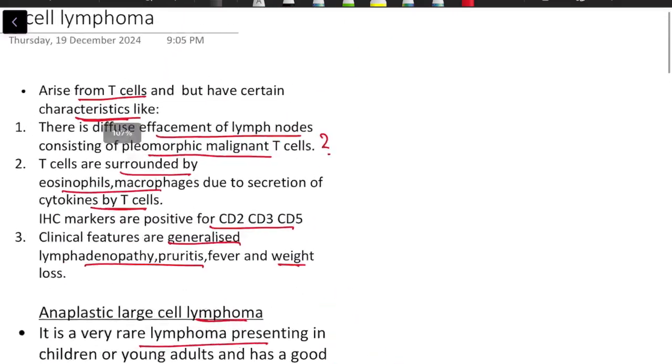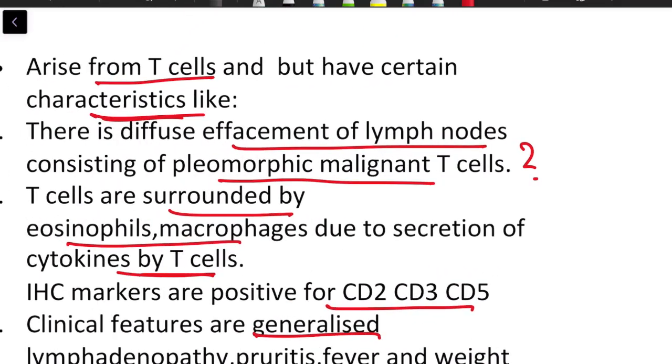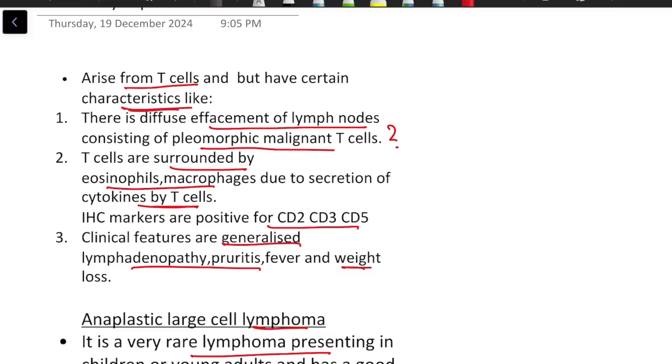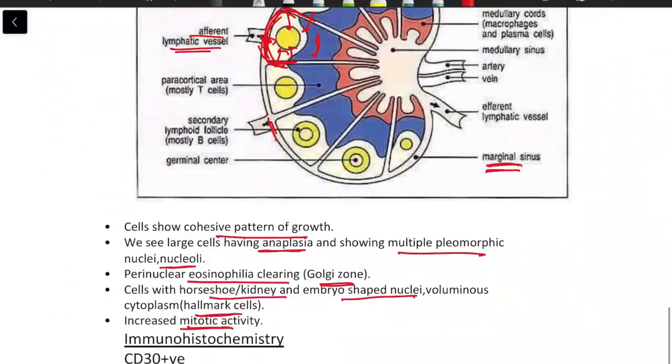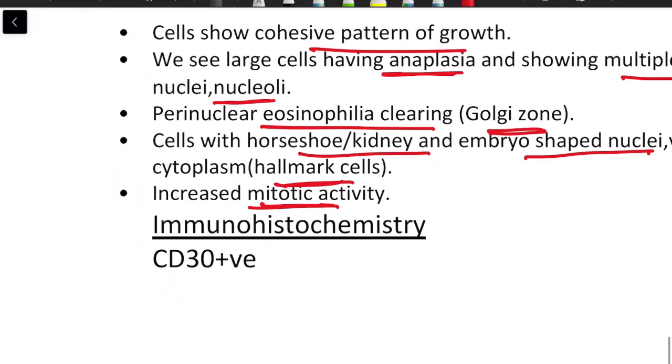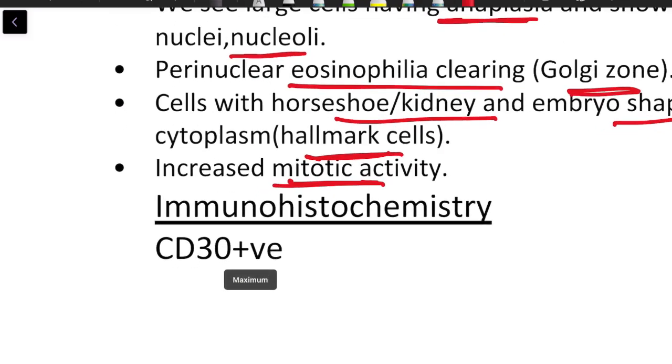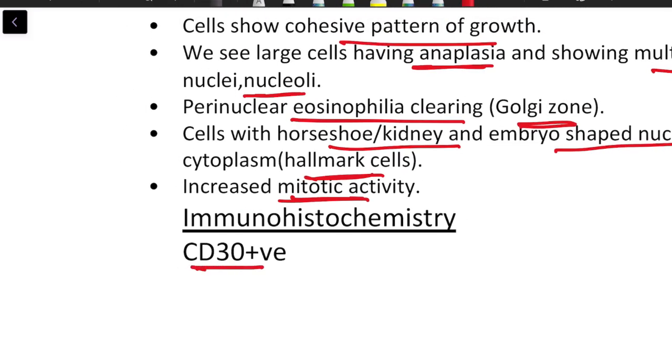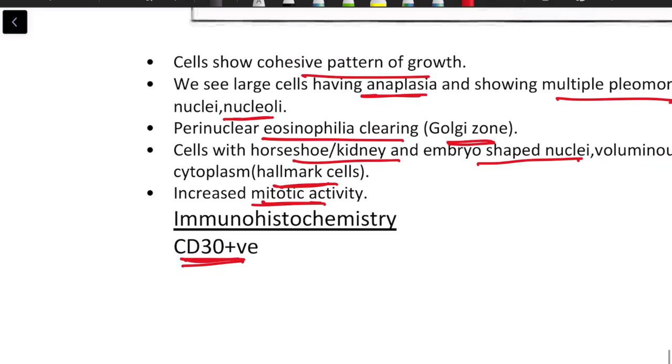That is the explanation of the line: why there is diffuse effacement of the lymph nodes consisting of pleomorphic malignant T cells. And if I talk about the immunohistochemistry markers, then obviously CD3 and CD5 are positive, but a characteristic immunohistochemistry marker is CD30, which is positive in this case, and which is a sure shot diagnosis for anaplastic large cell lymphoma.